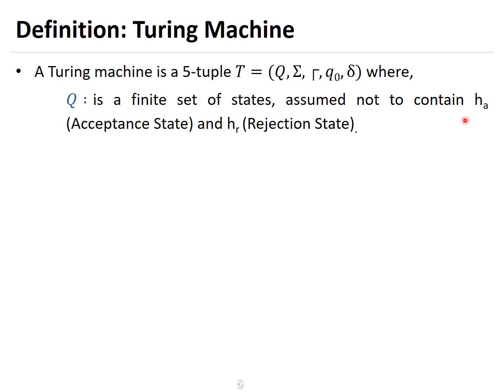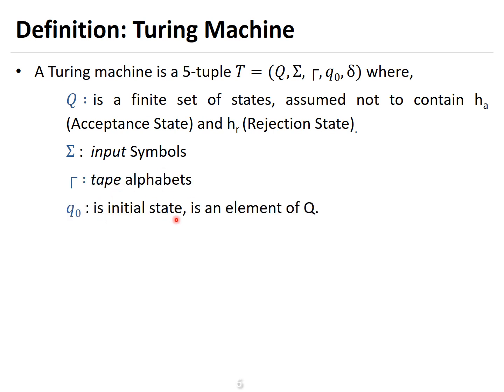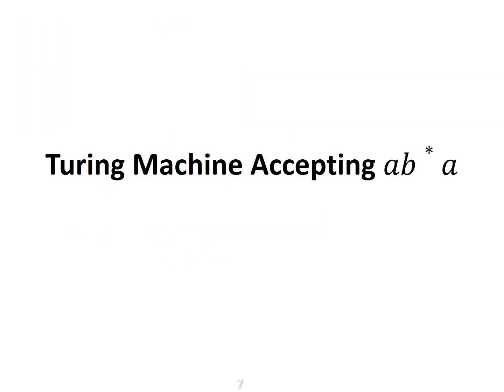Assume that HA and HR are not part of the capital Q, these are symbols we are indicating: HA is an accepting state and HR is a rejecting state. Sigma is the input symbols and tau is the tape alphabet. Q naught is the initial state, an element of capital Q, and delta is the transition function.